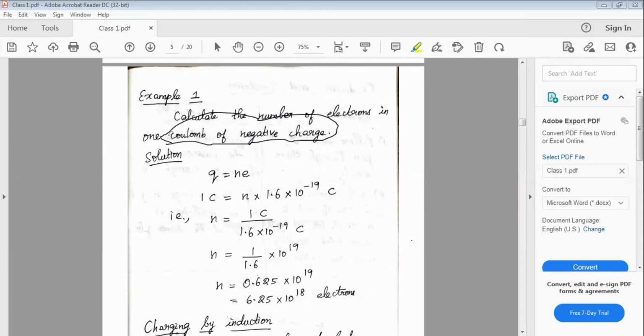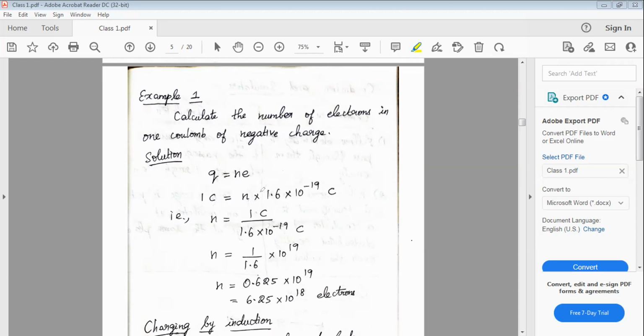So 1 coulomb of negative charge, how many electrons are there? For that, we use this charge quantization concept. For Q we use 1 coulomb, N is the unknown term, and e is 1.6 times 10 power minus 19 coulomb.